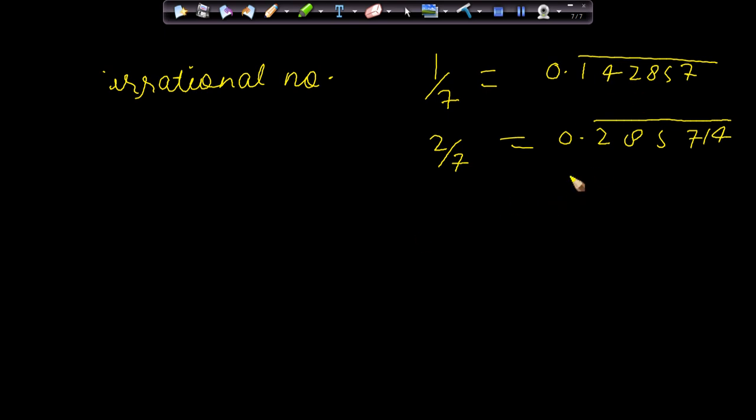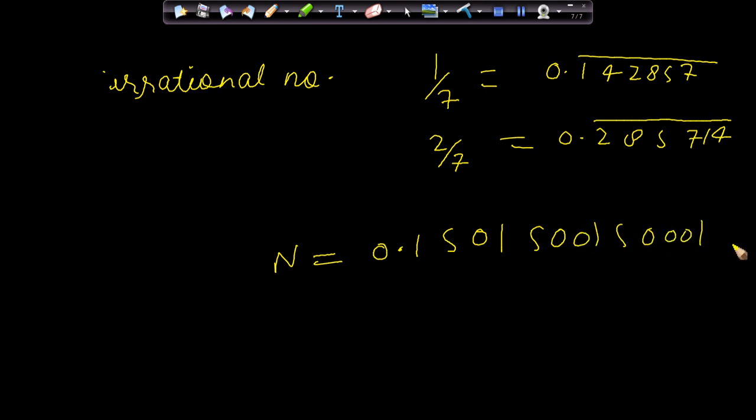So any number between these which doesn't terminate works. So the irrational number which we can give is 0. point something, it should be between 1 and 2, so the digit can be chosen between 4 and 8. So we choose 5. You can choose anything that doesn't terminate, something like 0.5001, 0.5401, some pattern which will keep on following. It will never terminate, right?